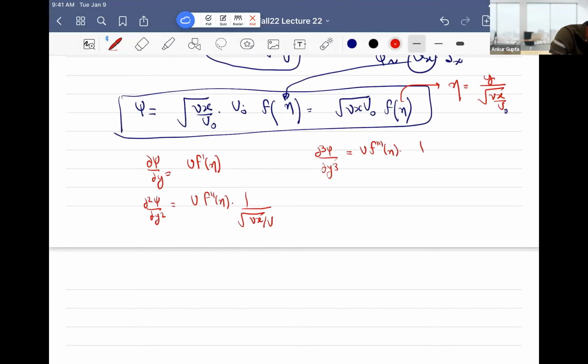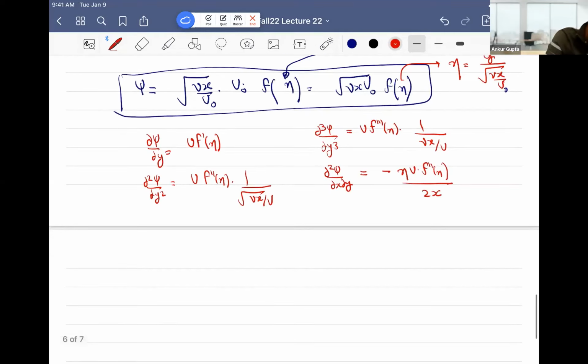By the way, I was doing this yesterday while preparing the lecture, so this is not overly simplified. There might be some extras, as I have not simplified this further. Del square psi by del x del y is half of minus eta times u times f double prime of eta by 2x.